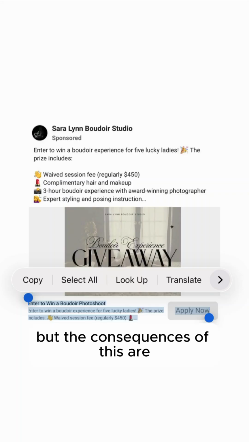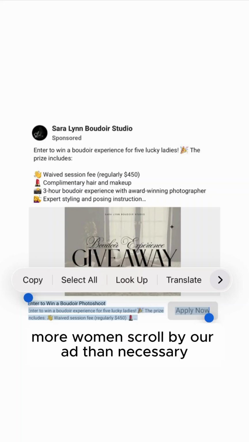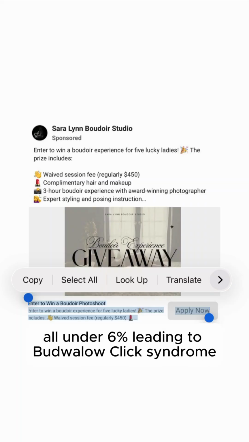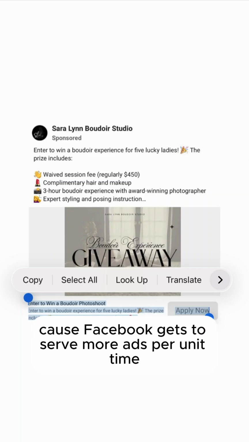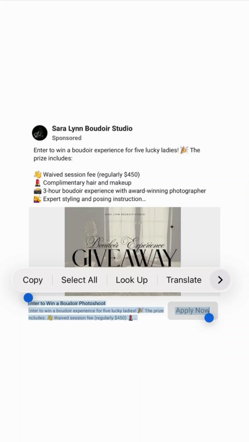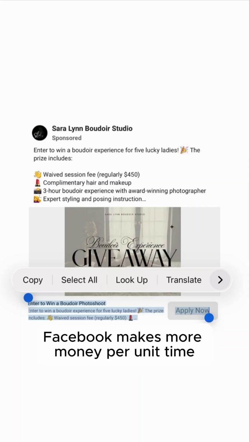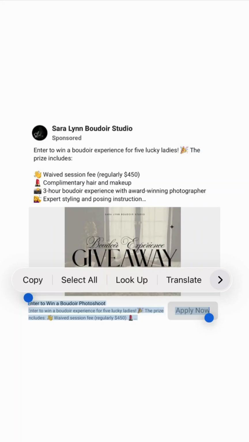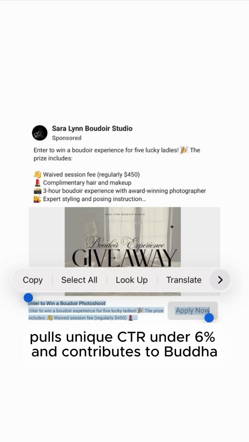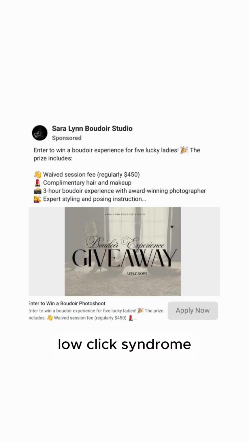But the consequences of this are more women scroll by our ad than necessary, pulling unique CTR under 6%, leading to Boudoir low click syndrome. And Facebook actually likes it because Facebook gets to serve more ads per unit time. And when that happens, Facebook makes more money per unit time. We make less money per unit time. And we're actually wasting more money per unit time. So this pulls unique CTR under 6% and contributes to Boudoir low click syndrome.